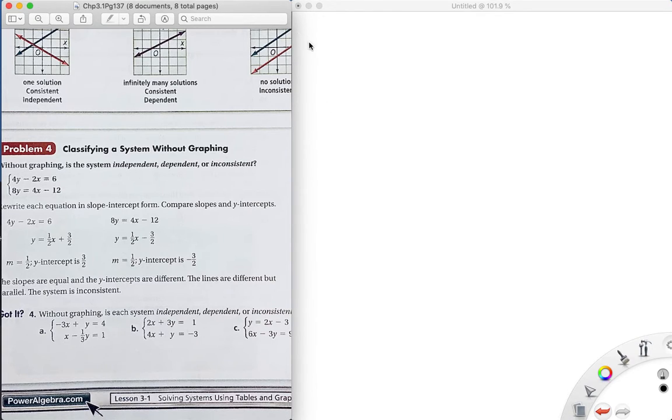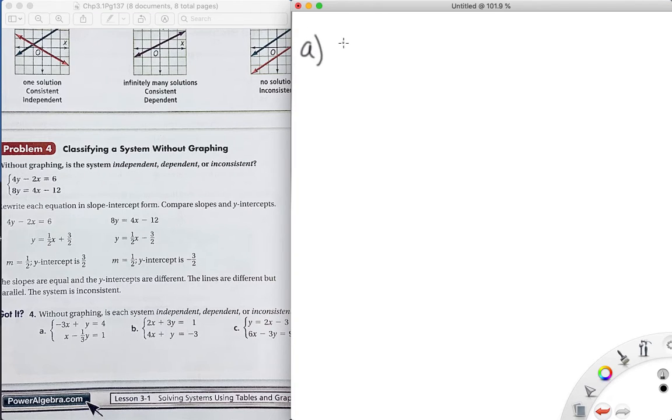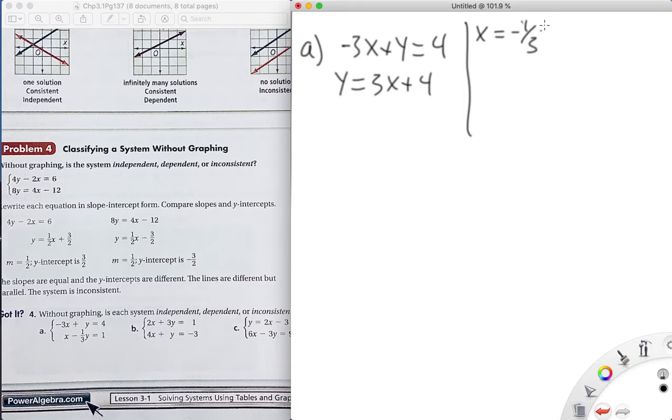So for 3a or 4a, we have negative 3x plus y equals 4. So add 3x to both sides, so this is y equals 3x plus 4. Then on the other side we have x plus 1/3 y minus... my brain... equals 1.